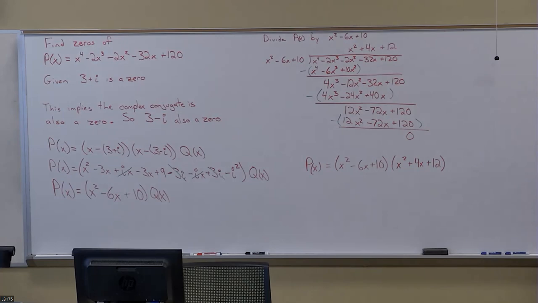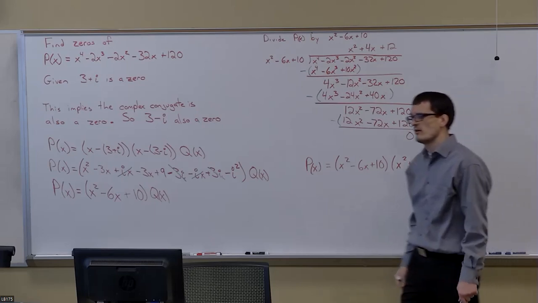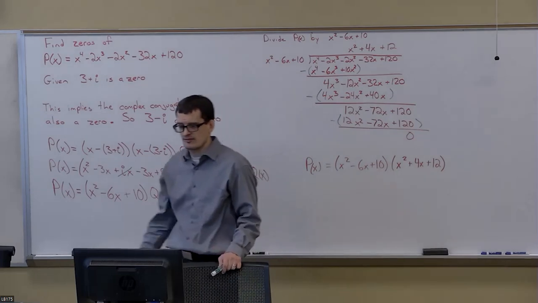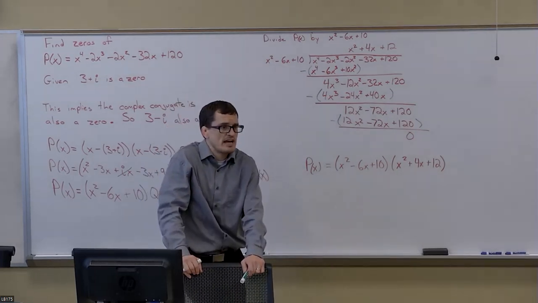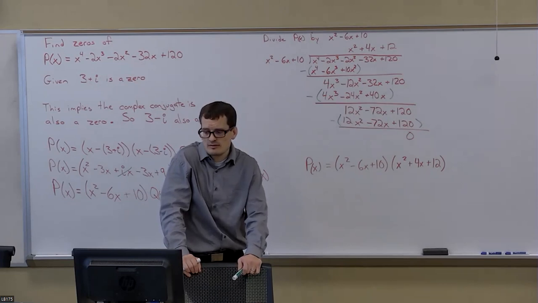Now let's look at factors of 12. That's not good. Now, second part's not going to factor either, is it? Factors of 12 are positive 1, 12, 2, 6, 3, 4. None of those add to a positive 4.